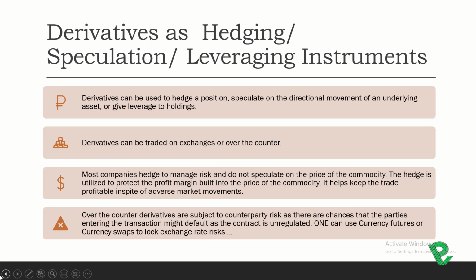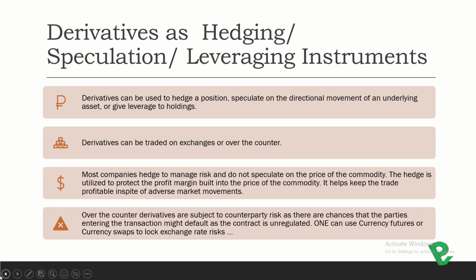Derivatives can be used as hedging, speculating, leveraging instruments. Derivatives can be used to hedge a position, speculate on the directional movement of an underlying asset, or give leverage to holdings. Derivatives can be traded on exchanges or over the counter.